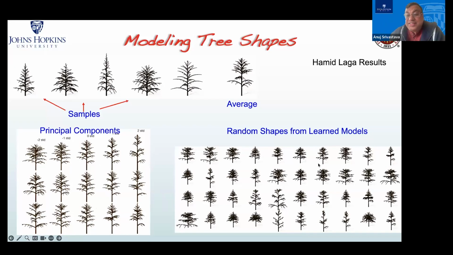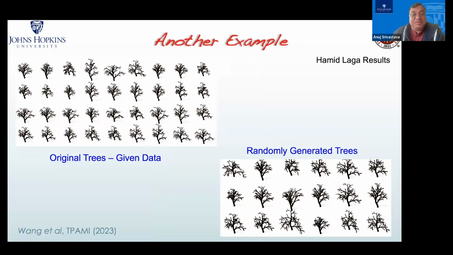In fact, we generated random Gaussian trees by putting these models on these principal coefficients, principal scores, and here are the kind of trees we get. Okay? One can debate it good or bad, and here are some more examples from other species.